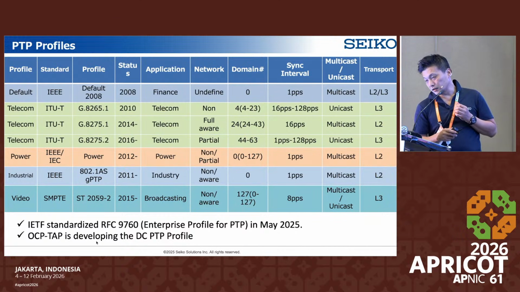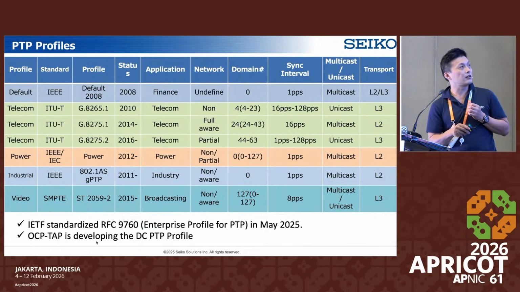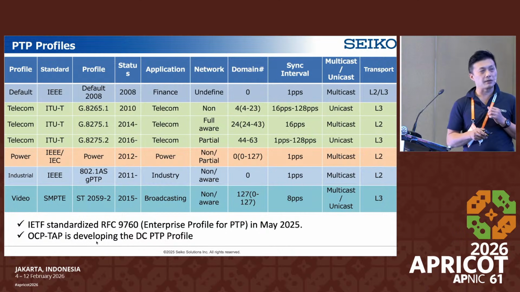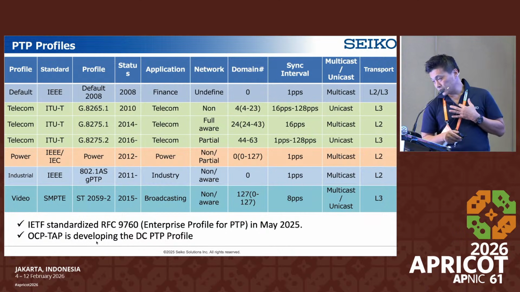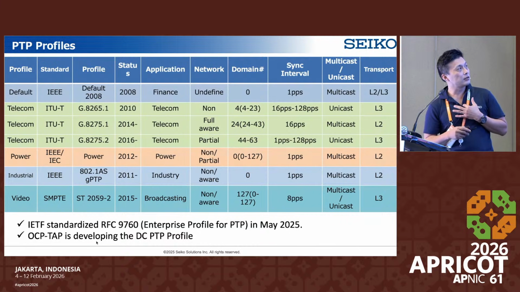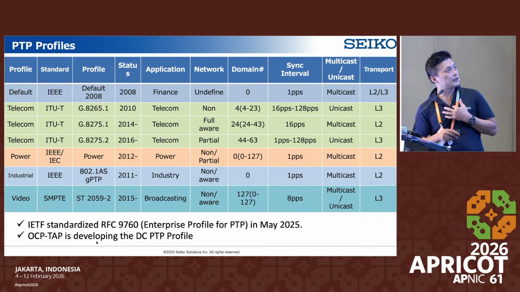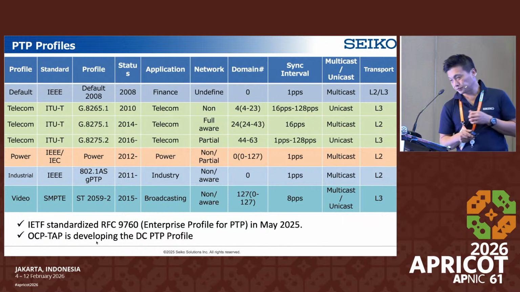And also broadcasting industries are using SMPTE. And these days, IETF standardized RFC 9760 enterprise profile for PTP last year, mainly for AI and data centers, and also OCP TAP. This is an open computing project, which is developing the data center profile.